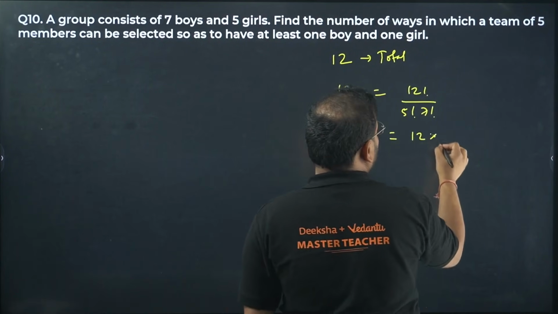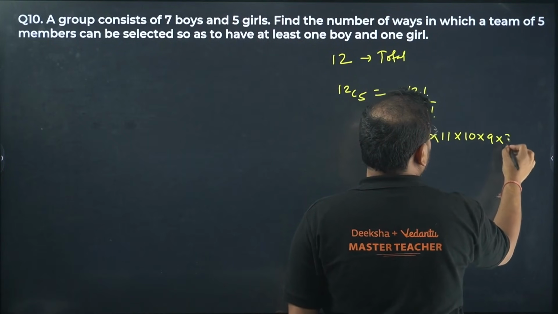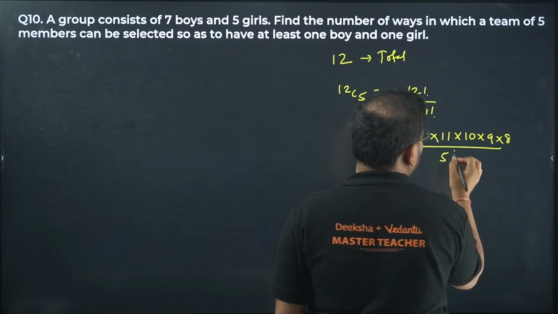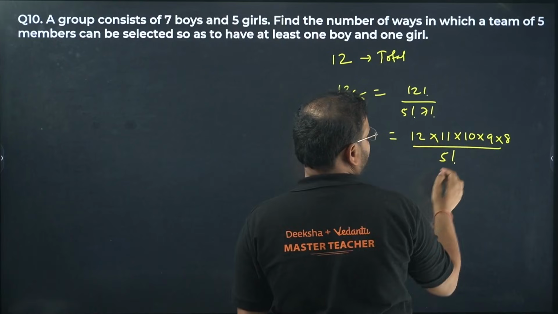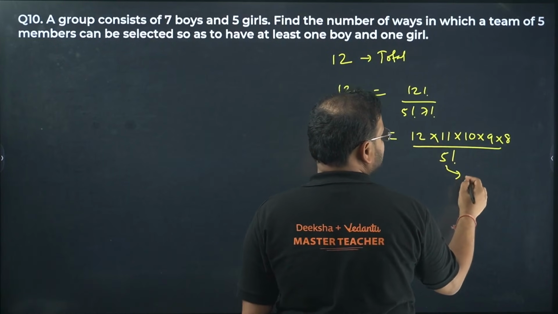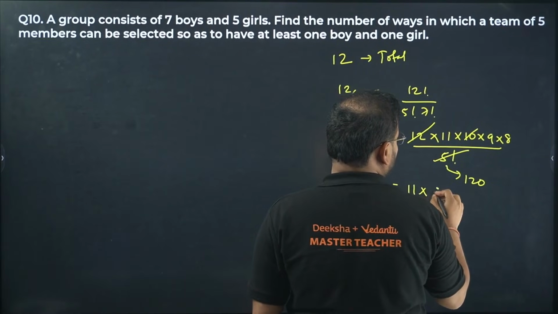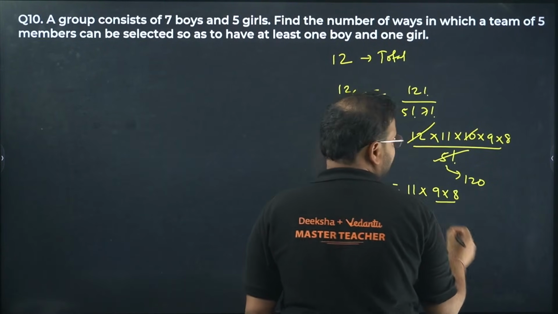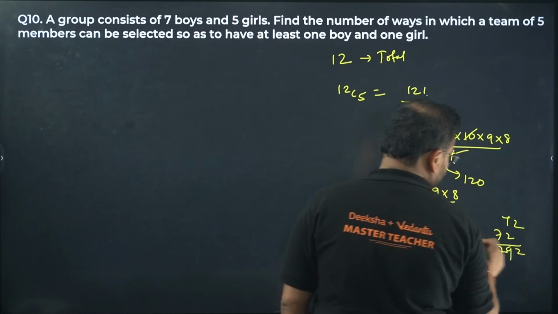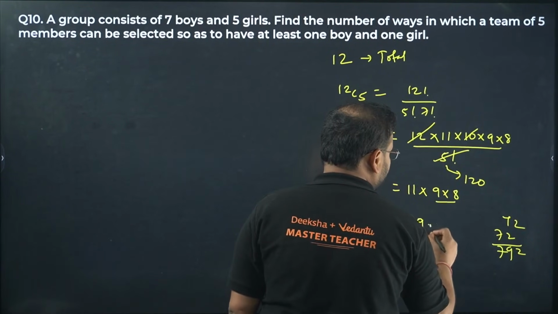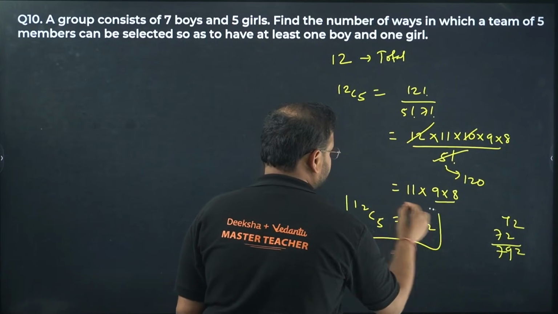So 12 into 11 into 10 into 9 into 8 by 5 factorial, because dividing by 7 factorial you get only 12, 11, 10, 9, 8. 5 factorial is 120. So cancel this with 12 into 10. I'm getting 11 into 9 into 8. 9 8s are 72, into 11 is 792. That is the value of picking 5 people out of a group of 12. First thing is clear.